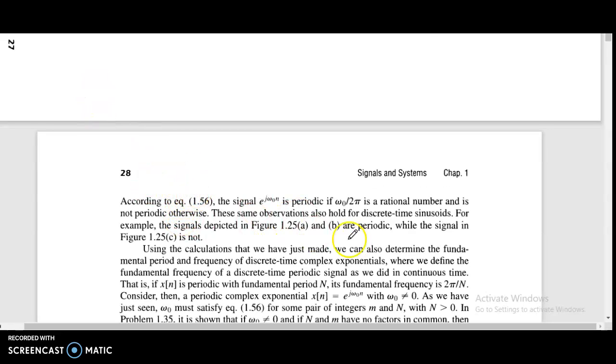According to equation 1.52, the signal e power j omega naught n is periodic if omega naught divided by 2 pi is a rational number. If omega naught divided by 2 pi is not a rational number, the signal e power j omega naught n is not periodic.